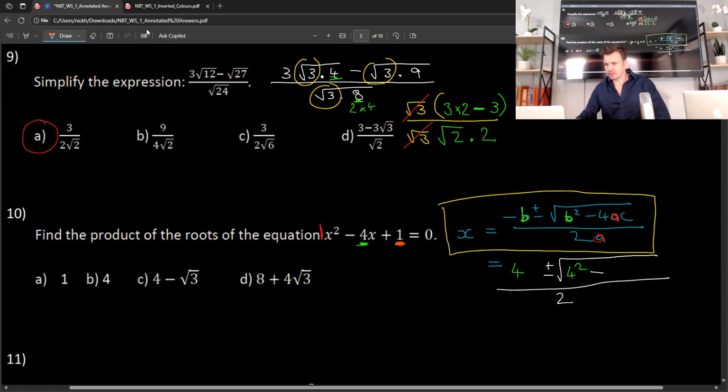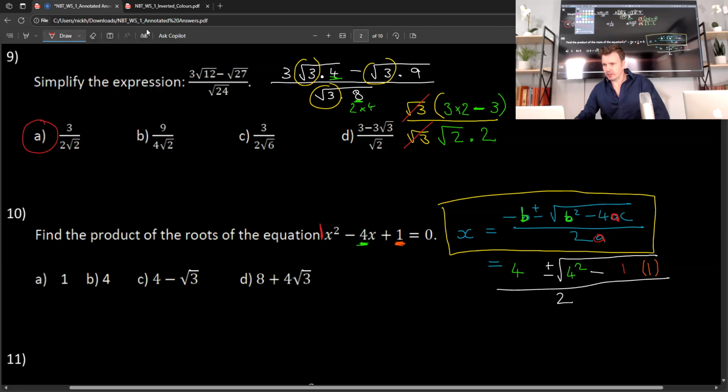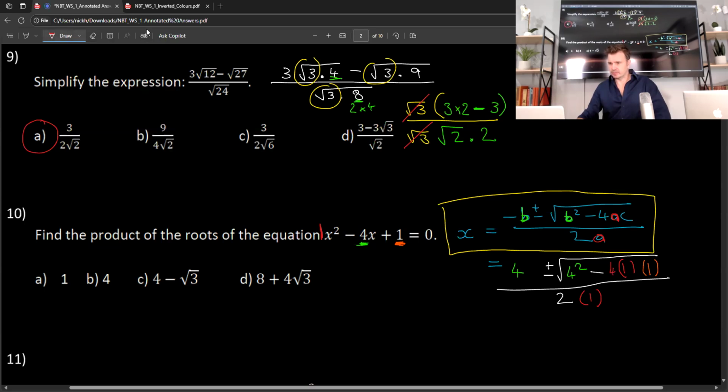That was our C, which is 1. And then our A, sorry, the red looks a lot like the orange, but anyway, we've got a 1 here and a 1 here. And then our 4, that's 4 every time, so it'll be like that.